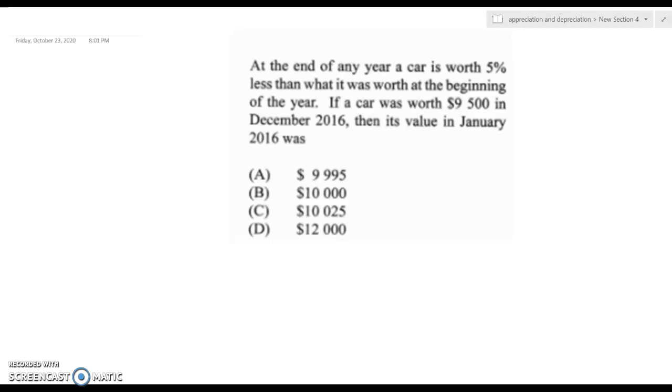So therefore we know that if it's worth 9,500 in December, that means in January it would have been worth more, right? So right away from my options here, we already know that A is not an option, right? Well, not that A is not an option.